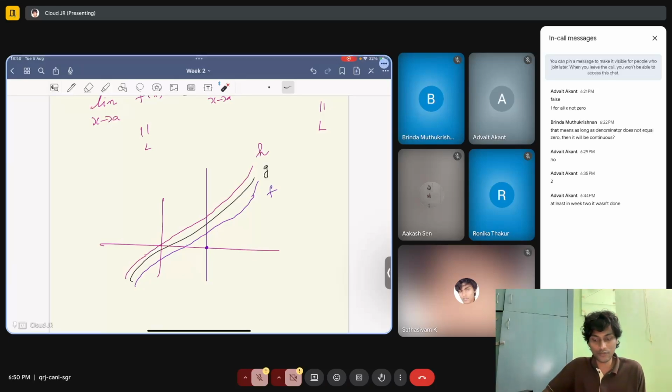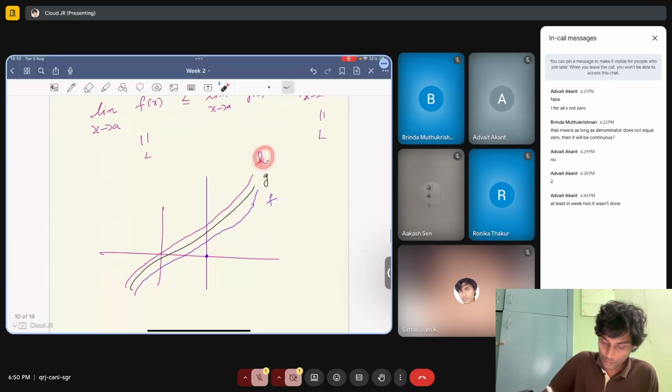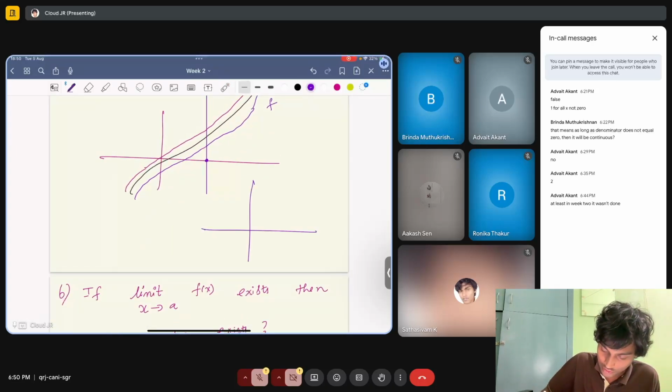So that's what it tells, and it's very useful sometimes. If you have a function, let's say something like this, where you have an h here, okay, I have to draw it properly. So you have a function like this, let's say you have an f, and you have an h something like this, and you have a g coming like this, okay.